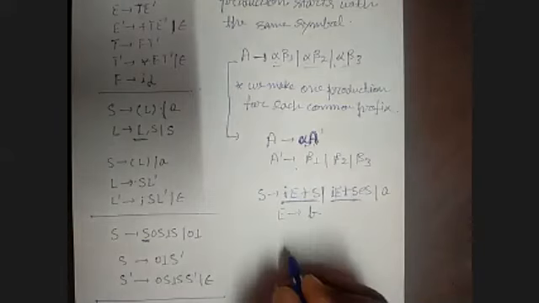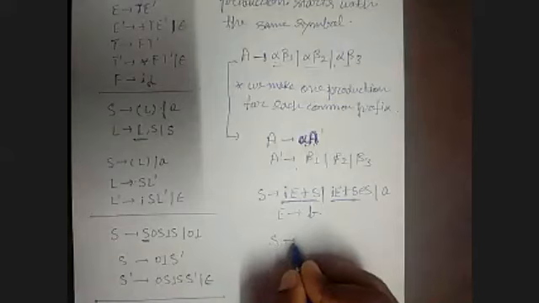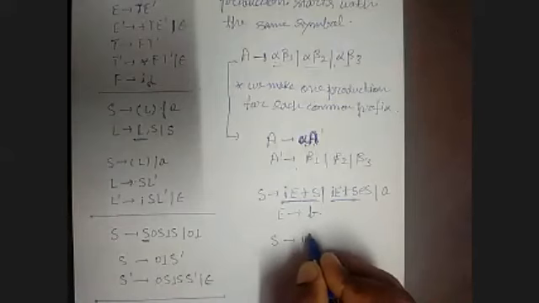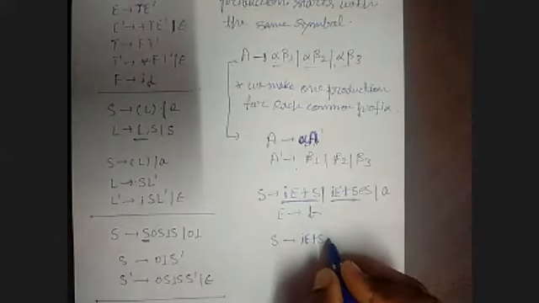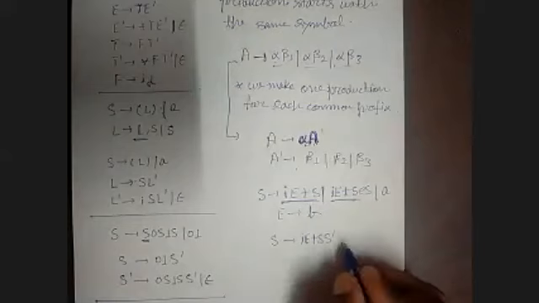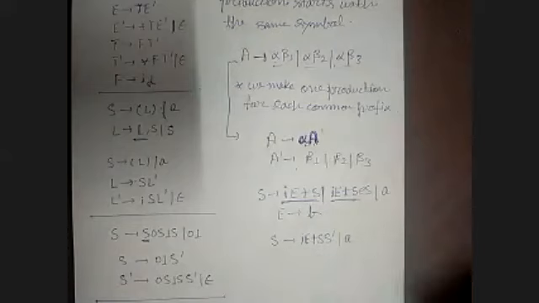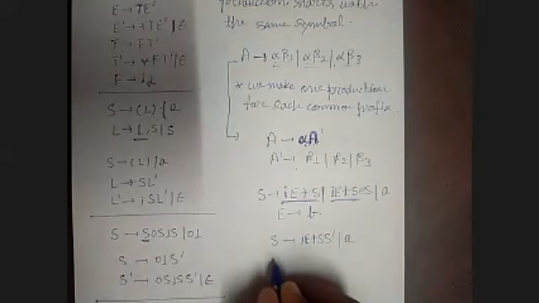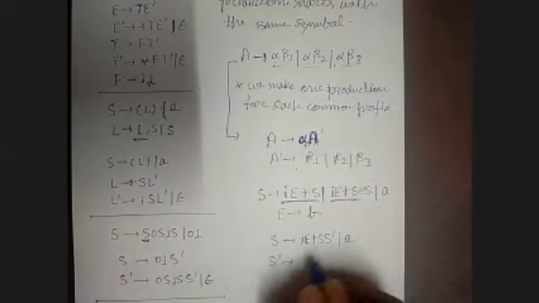Using the previous method, we define the common part as iEtS S dash. We use a new production S dash. The last part is a, which does not contain any prefix, so we write it down simply. The new production S dash gives the remaining part eS, or epsilon.